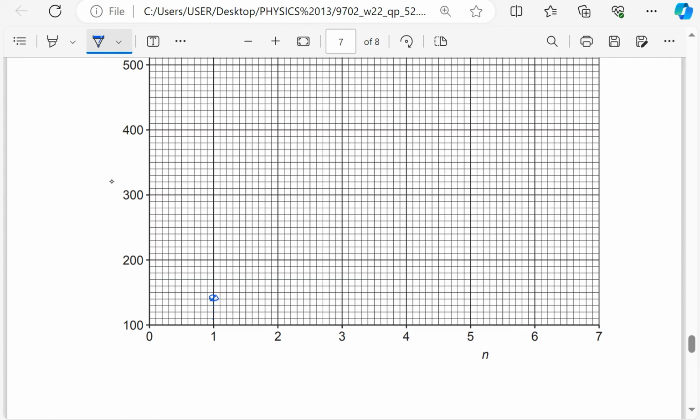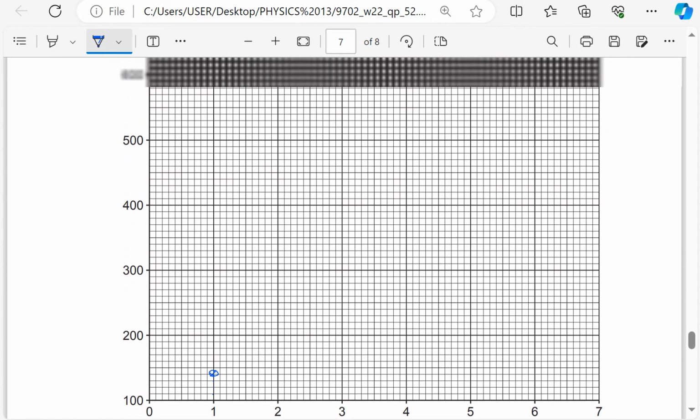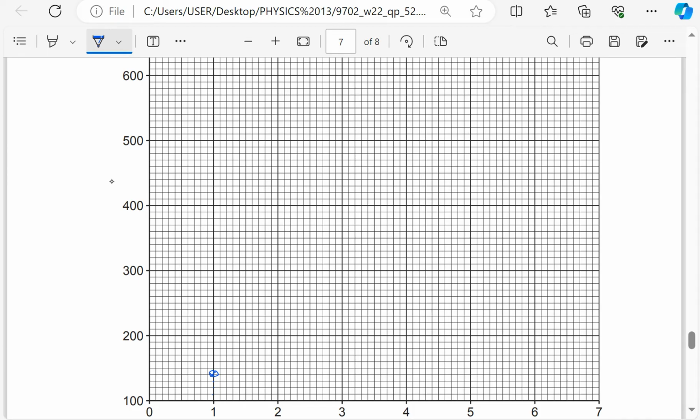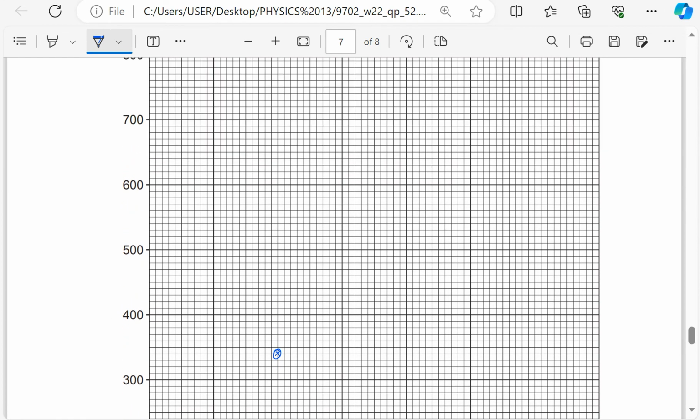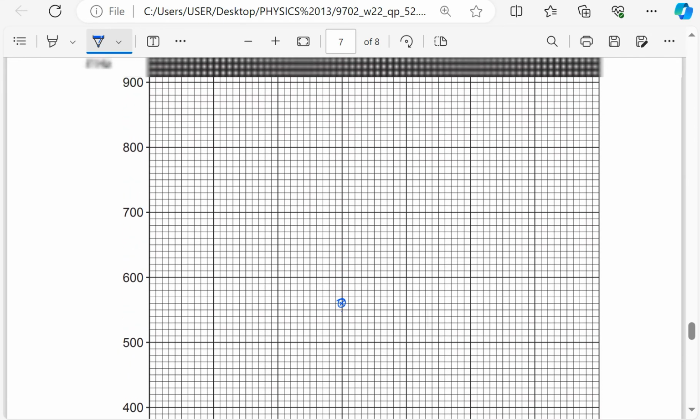When n is 2, the other one is 340. 2 is 1, 2, 3, 4. 340. When n is 3, the other one is 560. 500, 1, 2, 3, 4, 5, 6. Then when n is 4, the other one is 710.